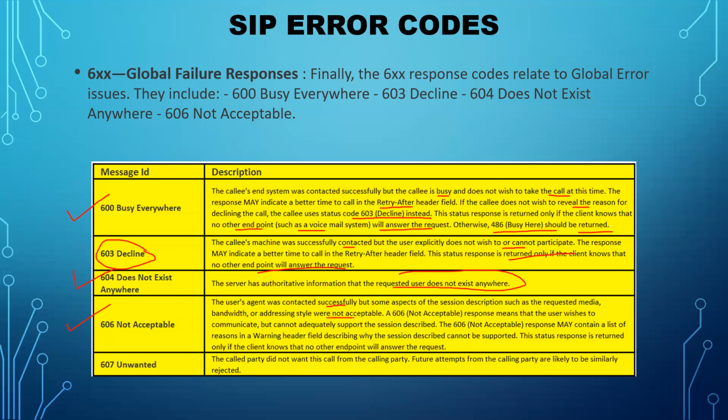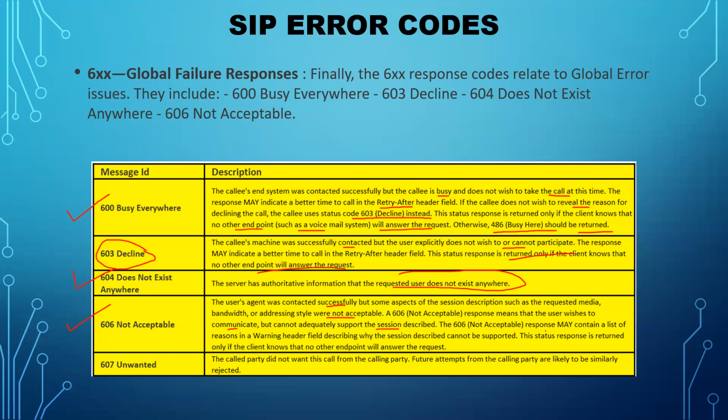The agent was contacted, but the SDP message, which contains the media, bandwidth or addressing style, is not acceptable to the agent. Then you will get a 606 not acceptable response. It means the user wishes to communicate, but the session is not supported, the agent cannot adequately support the session described.